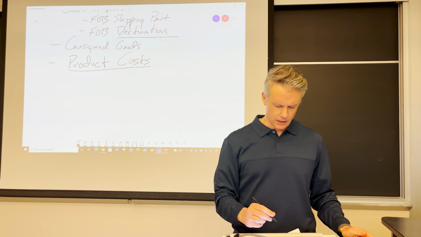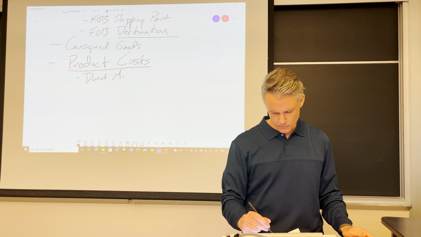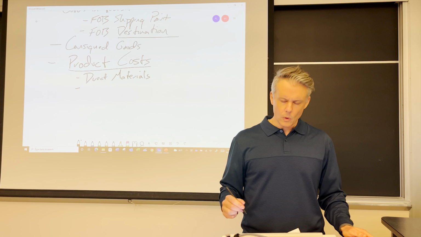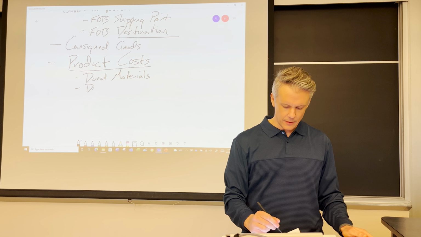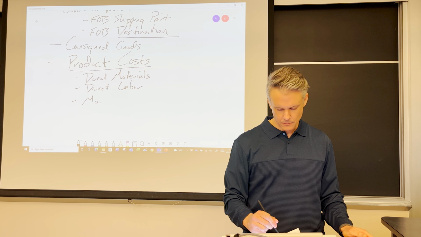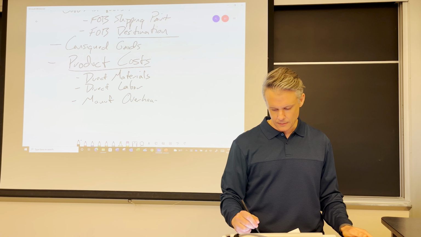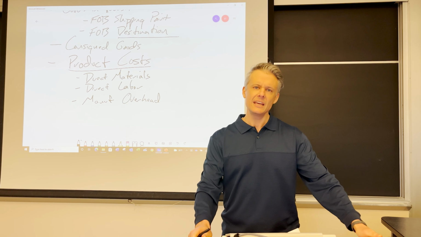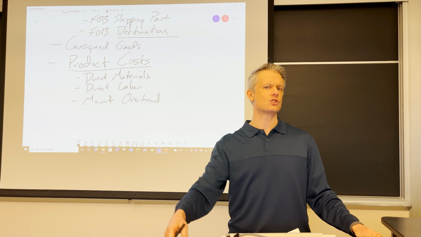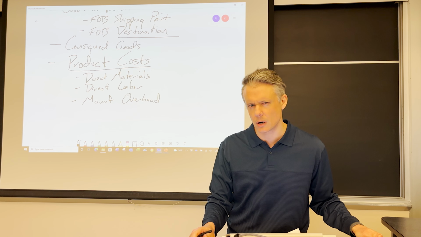Some other common product costs. When we think about product cost, we really think about three categories: direct material, direct labor, and manufacturing overhead. Any costs that relate to the production or manufacturing of inventory should be included in the inventory cost.